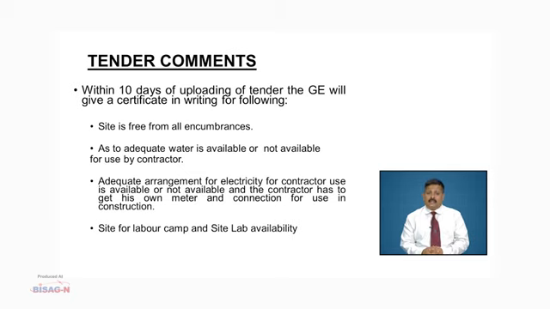He also certifies that adequate water is available or is not available for use by the contractor. He has to certify whether adequate arrangement for electricity for the contractor's use is available or not available, or the contractor has to put his own meter and take a connection legally.